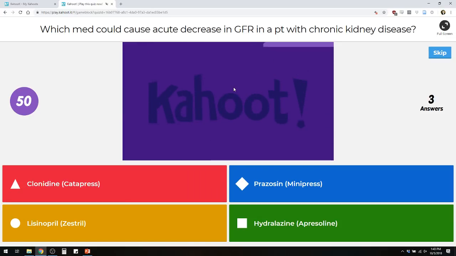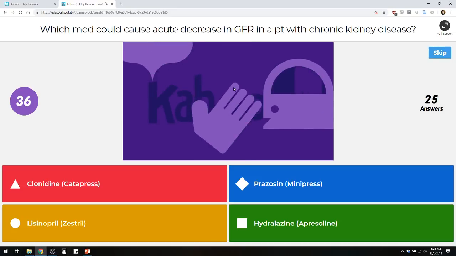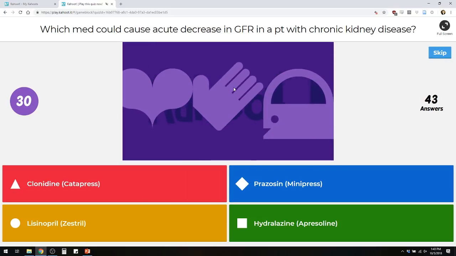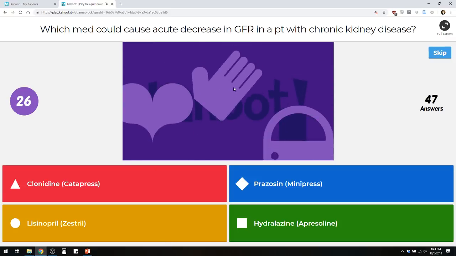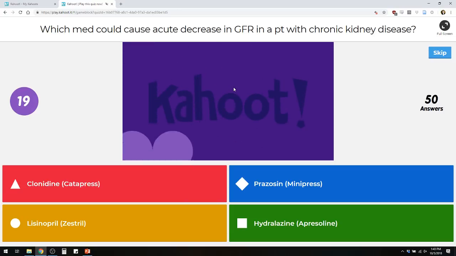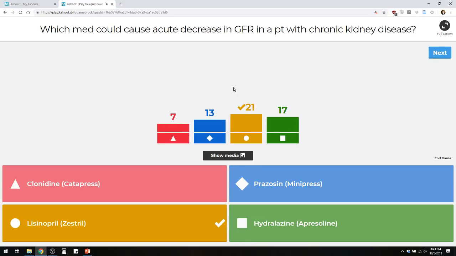Does an acute decrease in GFR, patient with chronic kidney disease. All right, so let's look at this.